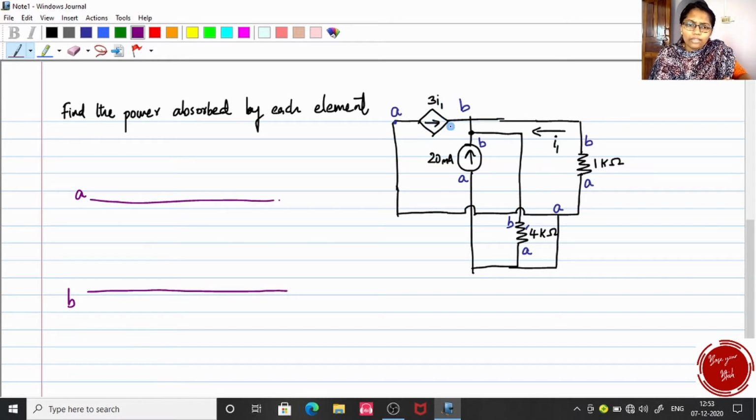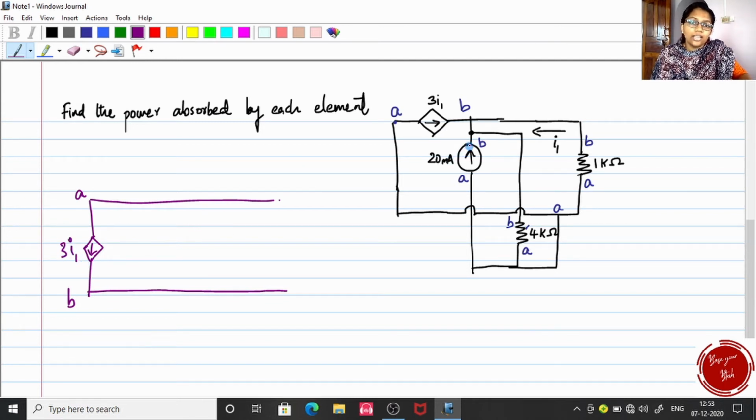Anyway, it is having an arrow, so it starts from A to B. So let's mark from A to B. From A to B we have a dependent current source and the arrow is just like this. The arrow says that it starts from A to B, isn't it? And the value is 3I1.